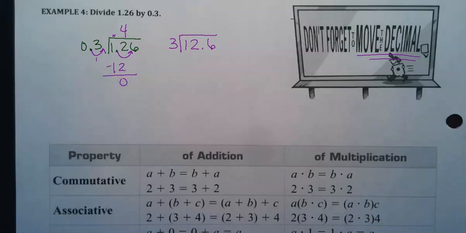Since our decimal was moved to here, we have to move it up. And we bring down our 6. 3 goes into 6 2 times. So we subtract 6 and we have nothing left over. So our answer is 4.2. And it is positive because we had a positive 1.26 divided by a positive 0.3. So our answer is positive.